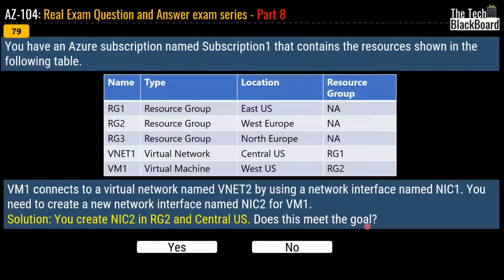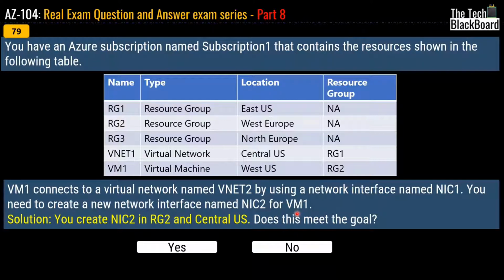Now, the most important thing in these kinds of questions is that you carefully observe the location of the resources. For example, in this question, it says that you want to create NIC2 in RG2. Where is RG2? The resource group 2 is located in West Europe. Further, the question also says that you are creating NIC2 for virtual machine 1. And where is virtual machine 1 located?